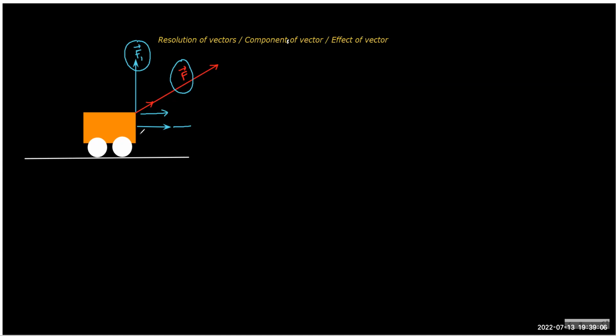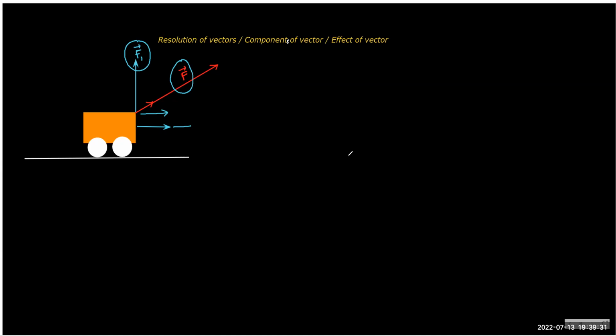Tell me, F1 is not able to create effect in which direction? In the horizontal direction, right? Yes. The whole idea is that every force cannot create its effect in the direction perpendicular to itself. Simple.